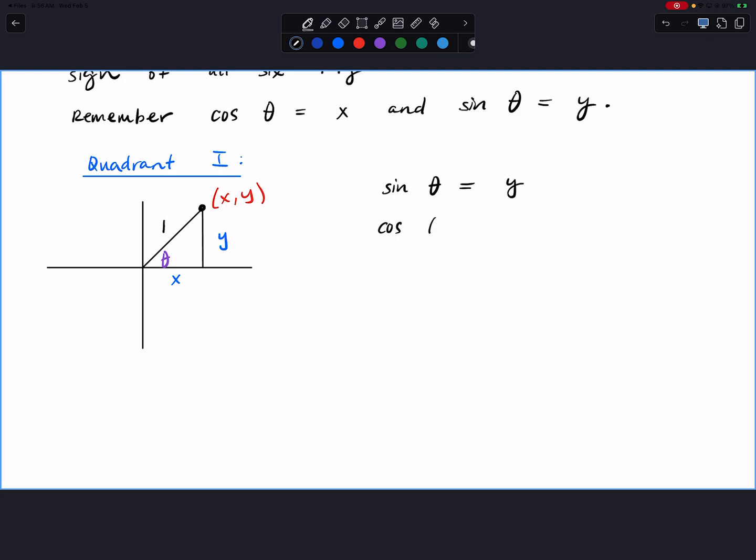The cosine of theta is the same thing as x. So class, because of where we are on the coordinate plane, what do we know about x and y in this quadrant? They're both positive. So we know that y is positive and x is positive. So if we're trying to find tangent, we know that the tangent of theta is what, guys? You guys remember? Y over x. If I take a positive number and divide it by another positive number, that means that tangent will also be positive.